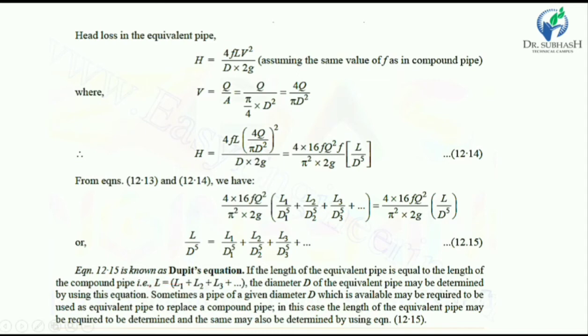From this equation, if the length of the equivalent pipe is equal to the length of the compound pipe, then the diameter of the equivalent pipe is determined by this equation. I hope you understand the compound pipe, how to get the discharge in the compound pipe, and the relation we developed for the equivalent pipe and the compound, meaning series, pipe.